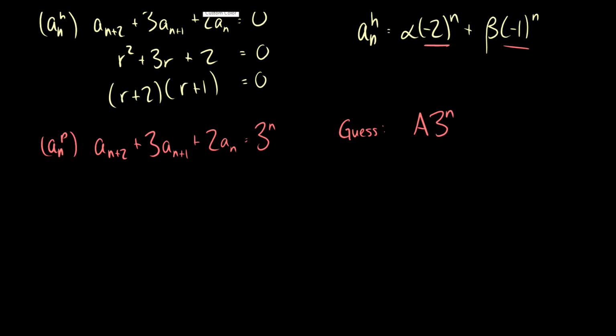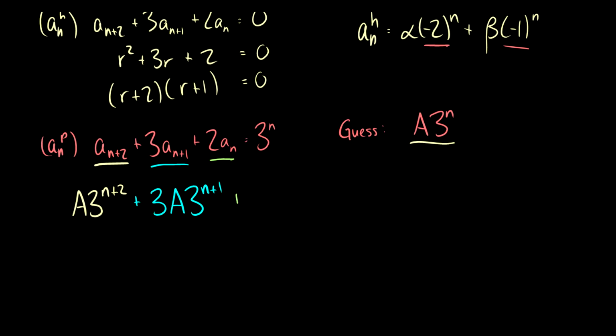Okay, so let's see what we can do here. We're going to substitute a times 3^n into each of these positions. So a_{n+2} will become a times 3^(n+2). This 3a_{n+1} is going to become plus 3 times a times 3^(n+1). And then this 2a_n is going to become 2 times a times 3^n.